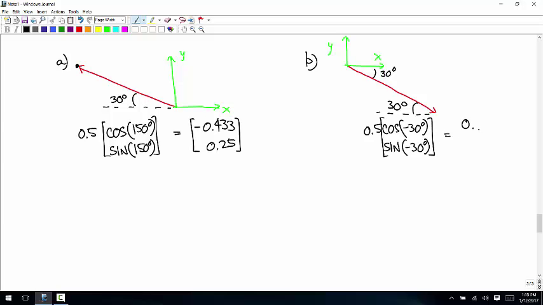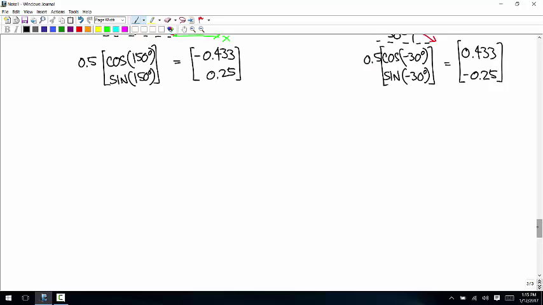And you get positive 0.433, negative 0.25. Any questions about that?